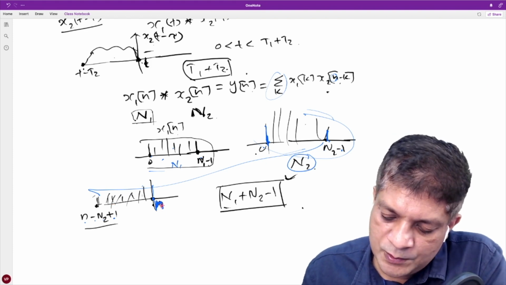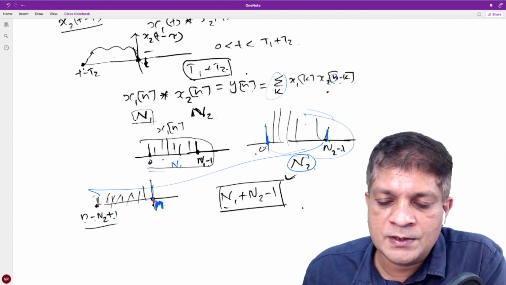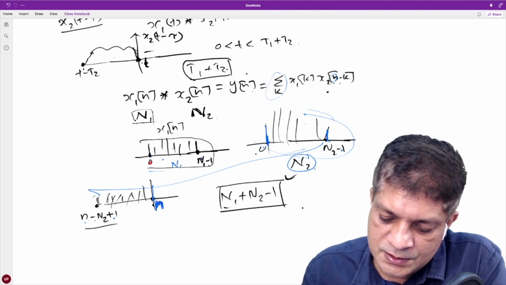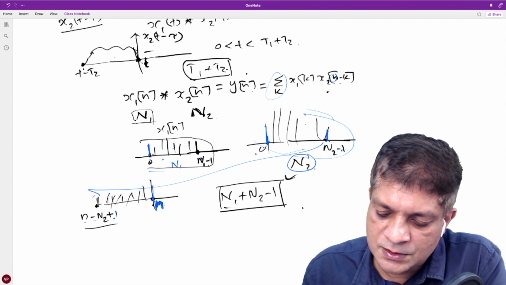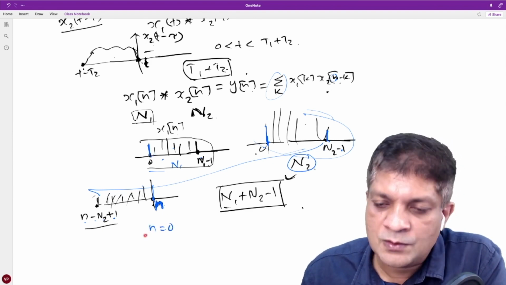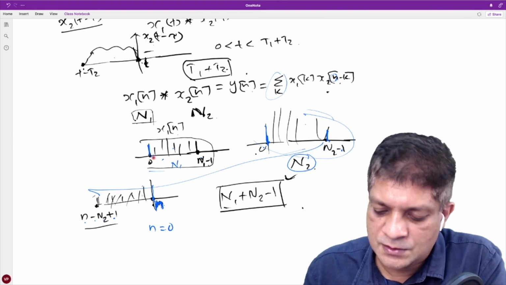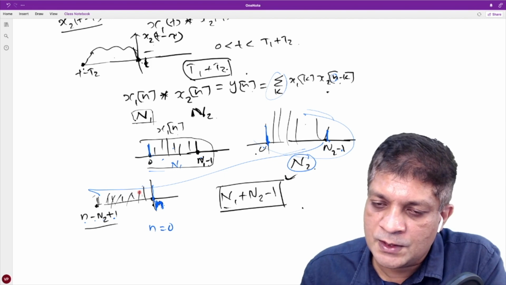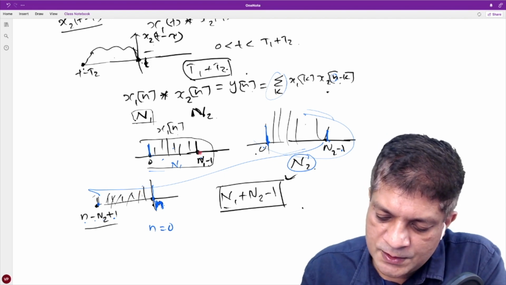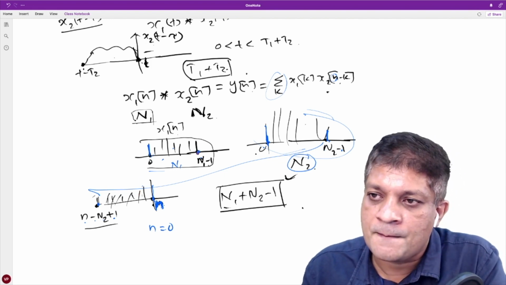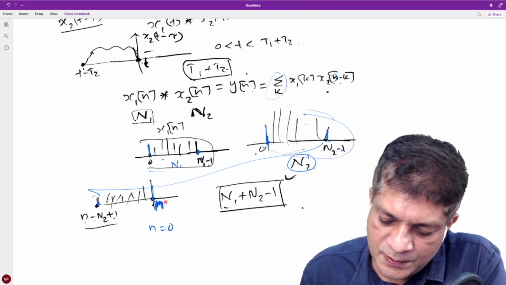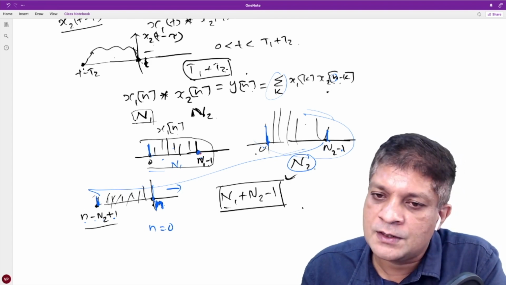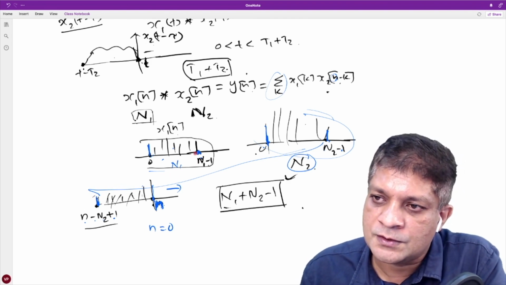When we move this from minus infinity, when will the overlap start? When this point reaches 0. So when n is 0, the overlap starts. It lasts until this point reaches here, and then the overlap stops.